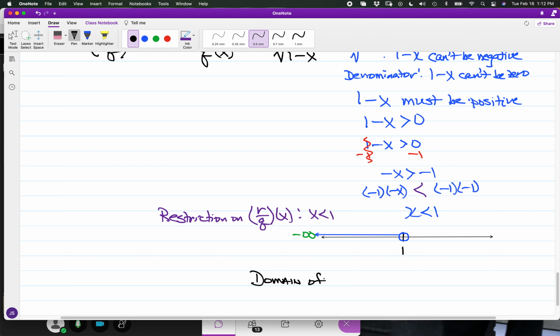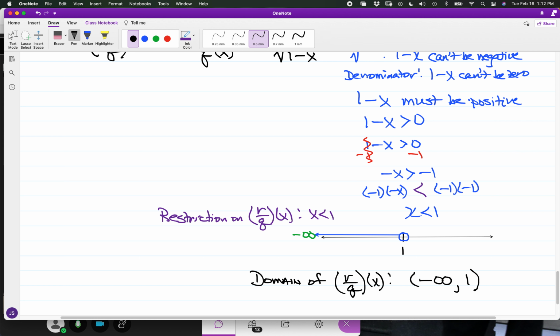So for the domain of R over Q of x, we're going from negative infinity, approaching but not including the value of 1. That would be the interval notation solution for R over Q of x.